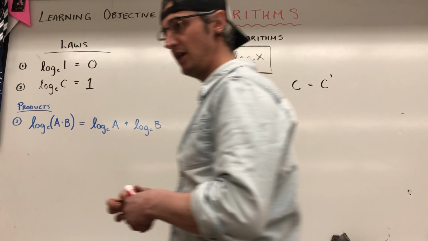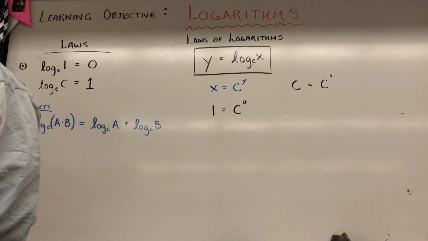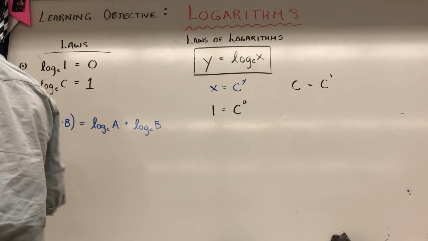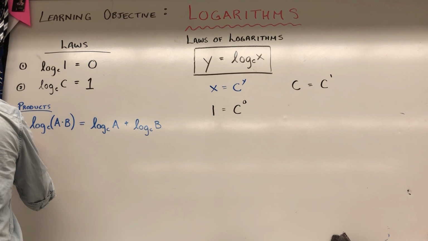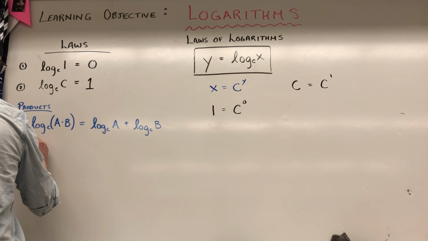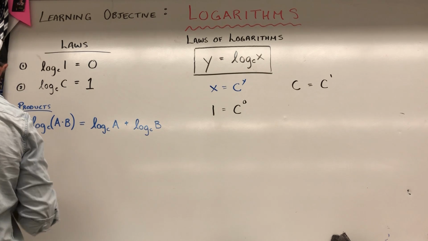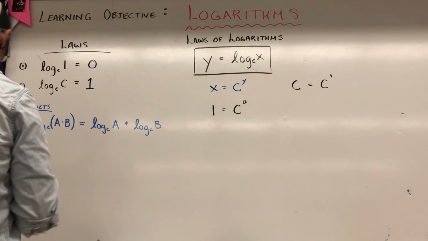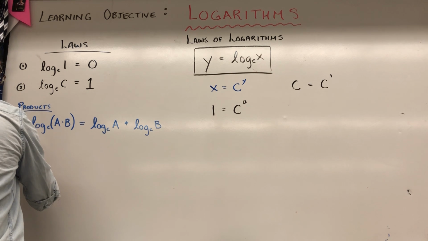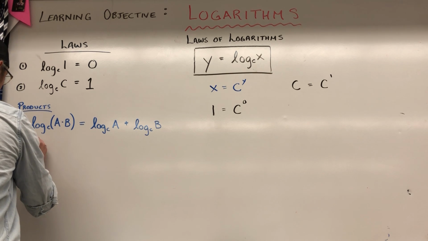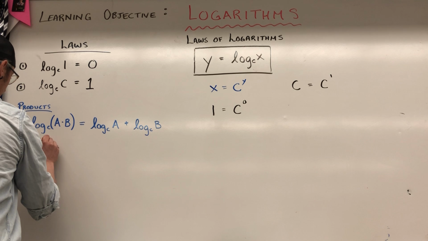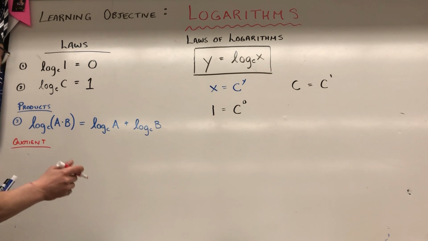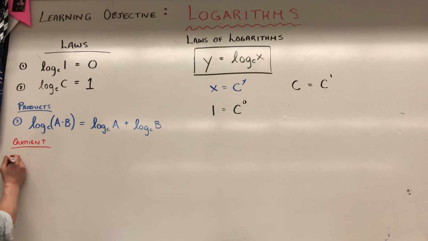The next law is the law of quotients. So these are going to kind of look familiar to the exponent laws. Oops, you know what? I'm going to use a different color. Because we like colors. The quotient law. These are very similar to our exponent laws, but they just apply to logarithms.